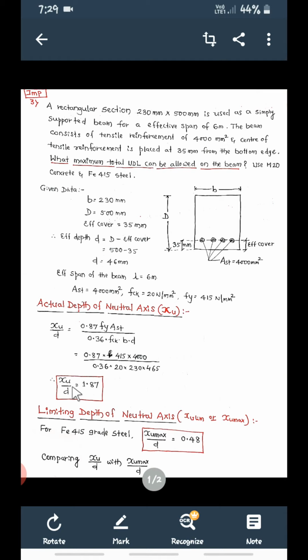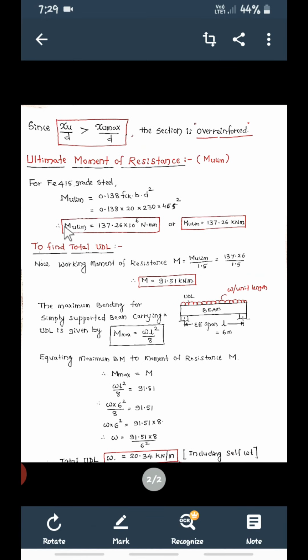So now there are two values, the XU by D value and the XU max upon D value. So compare these two. Since XU by D is greater than XU max upon D, the section is over reinforced. Remember, this is important.